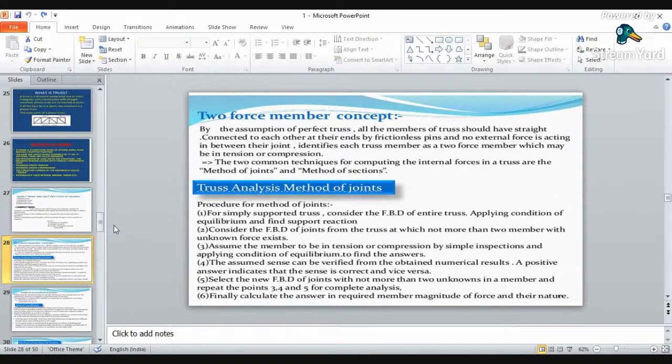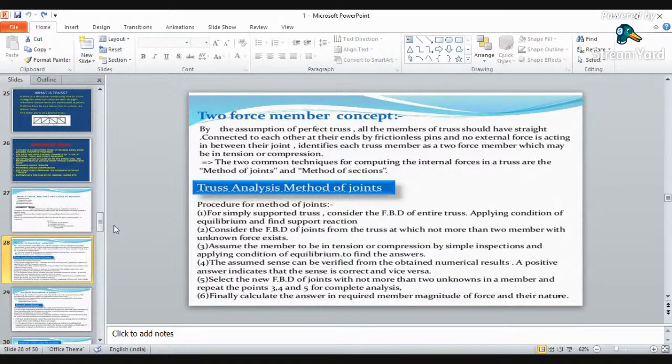Okay, so you have to find a joint at which you do not have more than two unknowns. Okay, we have to assume that the force in the member will be either in tension or compression, by simply inspecting or by simply assuming a tension or compression member.